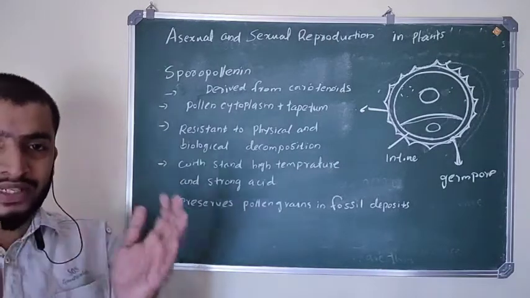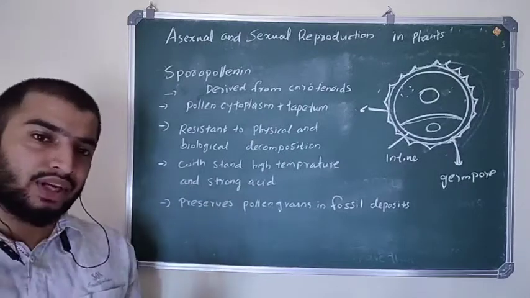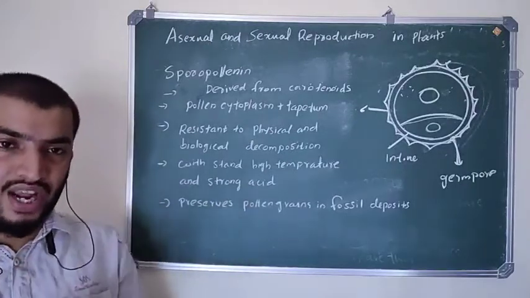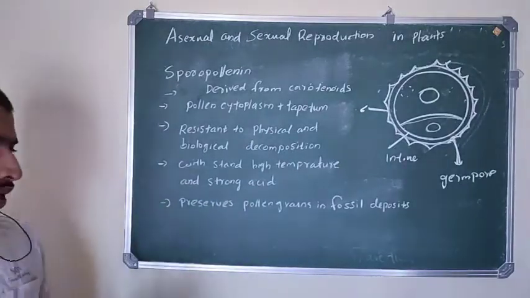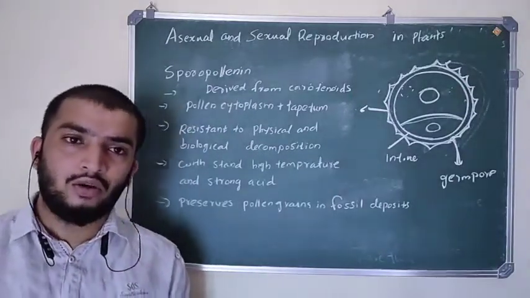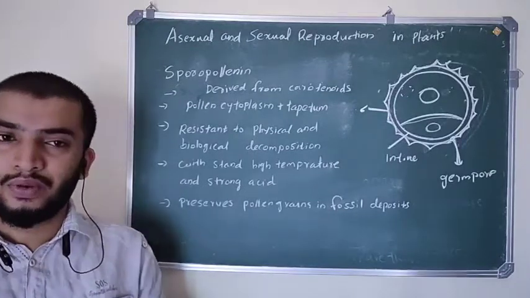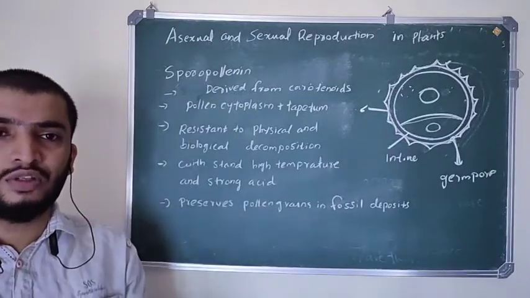So if it is present on the pollen grain surface, that pollen grain can withstand higher temperature and also strong acid reactions. And it also preserves the pollen grains in fossil deposits and also at the time of pollination from anther to stigma. Okay, so these are the main functions of sporopollenin.